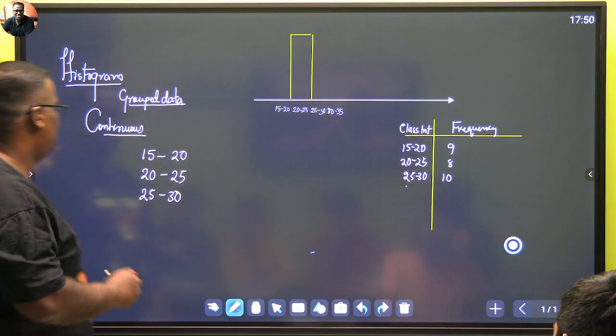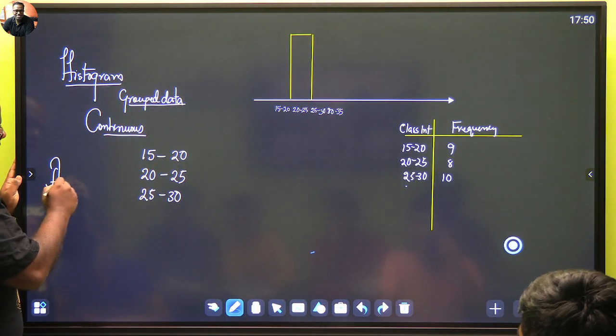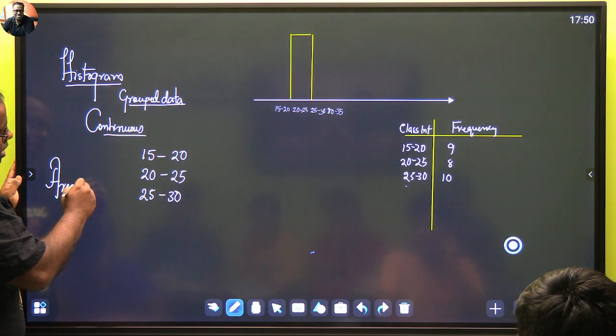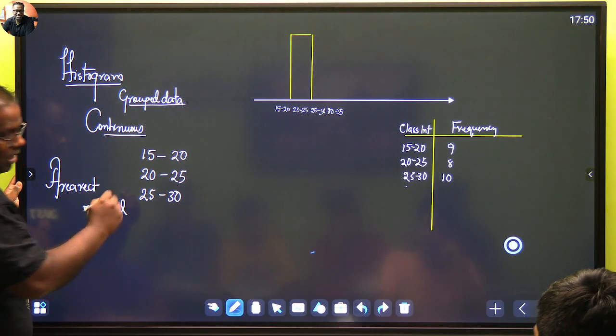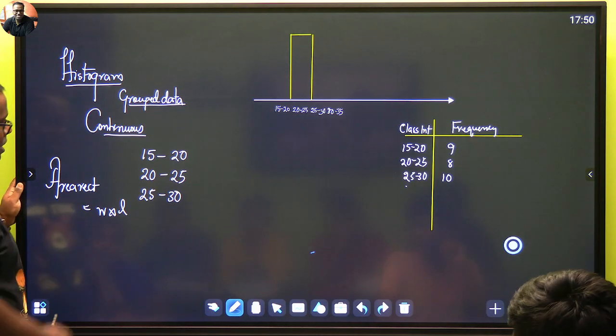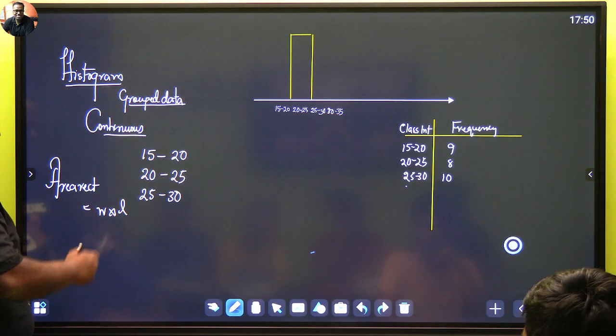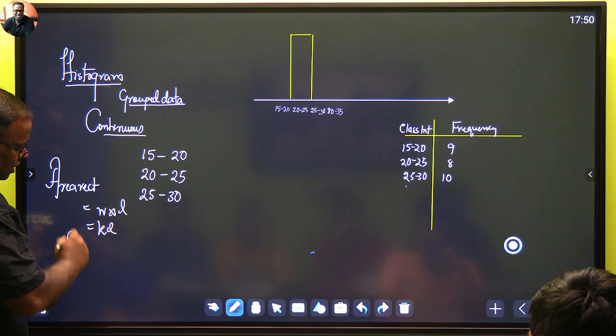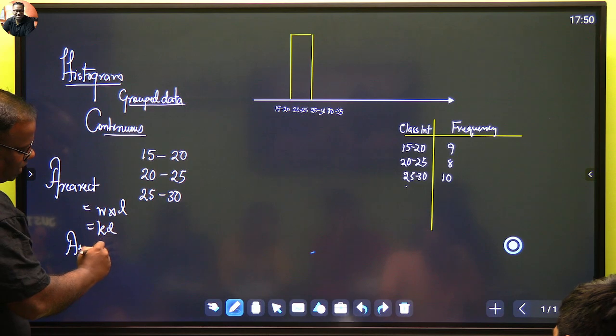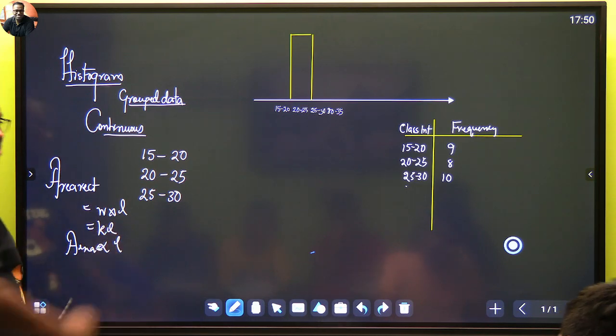Area of a rectangle is width multiplied by length. The width is constant, so can I write area equals K into L? So the area is directly proportional to the length.